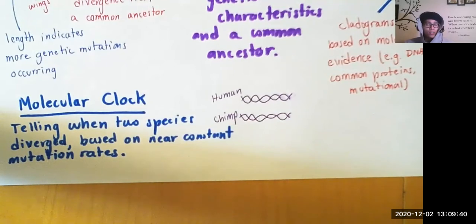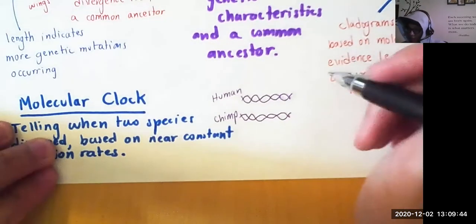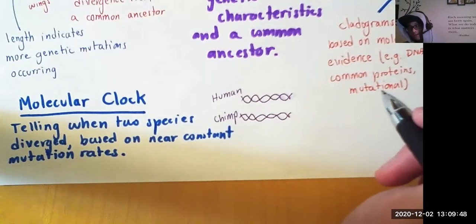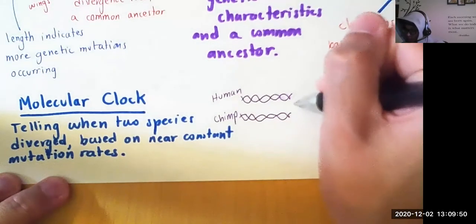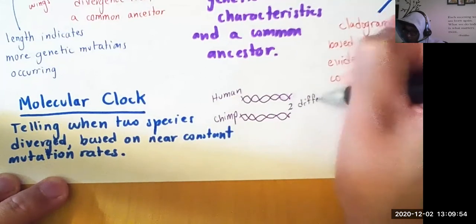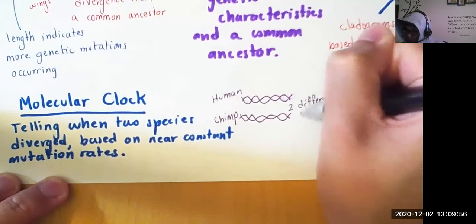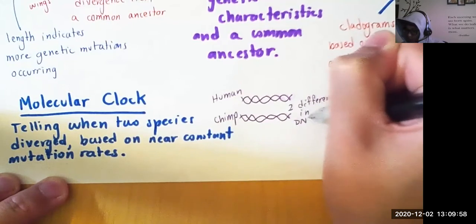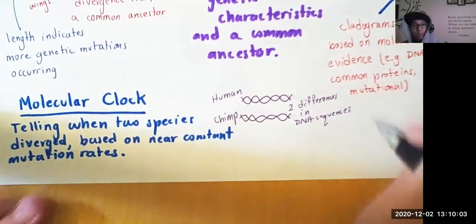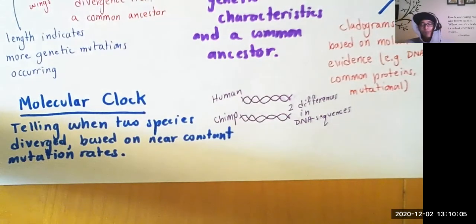They're pretty dang close, it's like 99% or something. What you find, as an example, this is not a real number, but what you find is that there are two differences in the DNA sequence. Just two. Again, these are made up numbers, but to make it easier for you, just two differences.